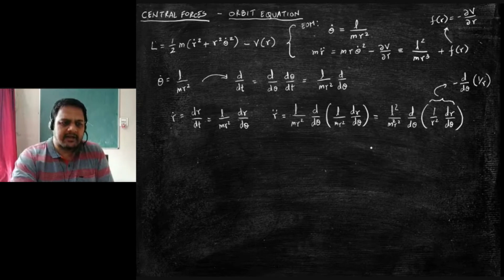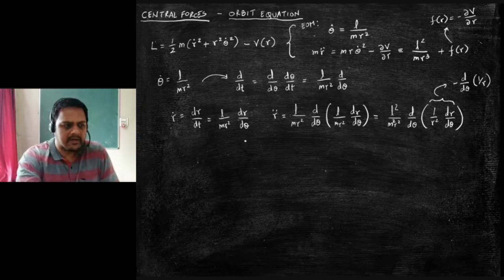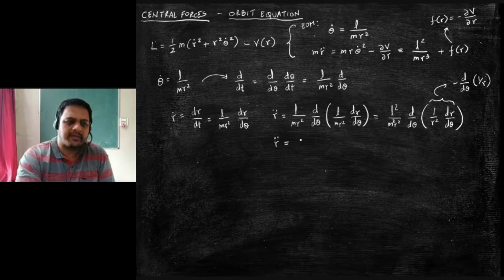So let me write it this way. Finally, r double dot is nothing but L square by m square r square d square by d theta square operating on 1 by r.